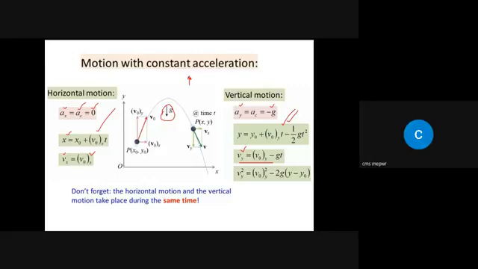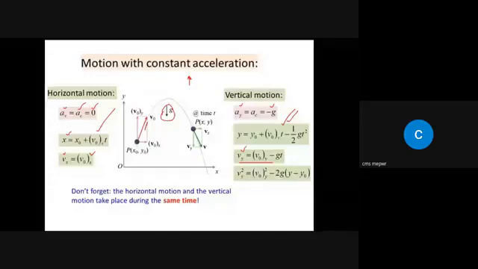You can look at this one. When it started its motion, the acceleration is downward, right? The acceleration is downward, which means the velocity is decreasing. And over here again, when its velocity increases, it is again towards downward. So in both cases, the acceleration is downward. In this case, since the motion is upward, the velocity is decreasing. Over here again, the acceleration is downward, and the motion is also downward, so the velocity is increasing.